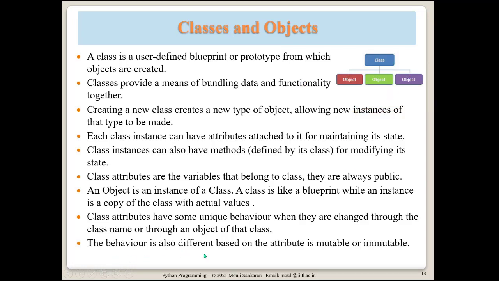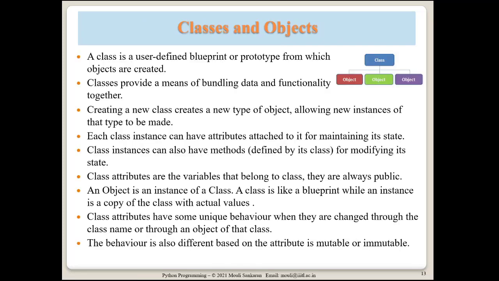The behavior is also different based on whether the attribute is mutable or immutable. That maybe we'll cover in later classes. There are methods available which operate on the attributes, and there are two types of attributes: class level attributes and object level attributes.